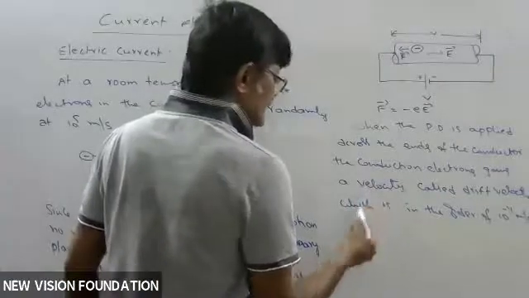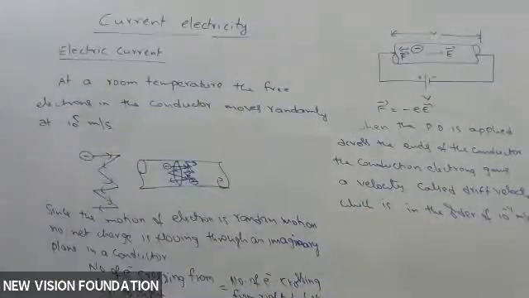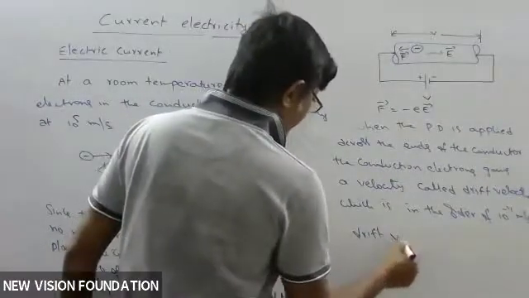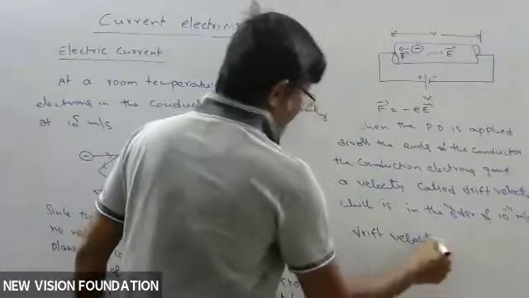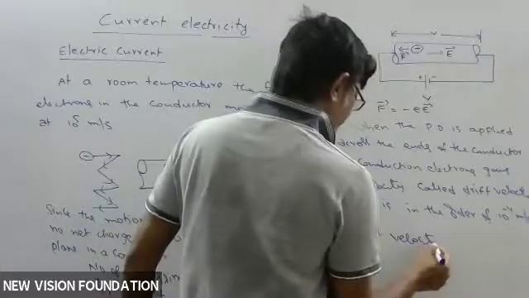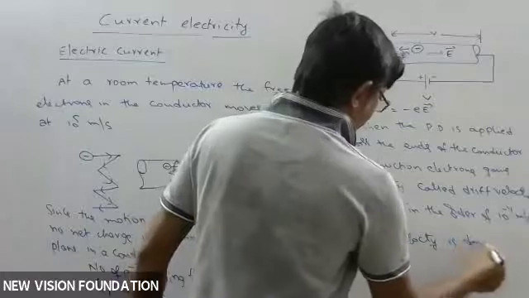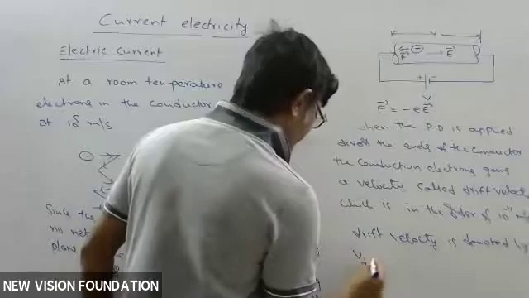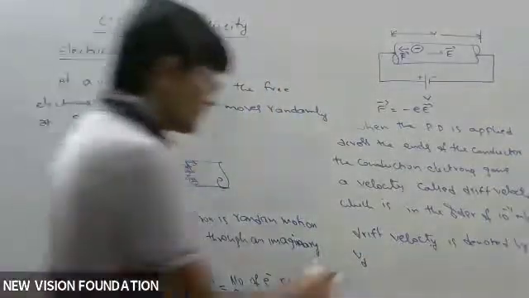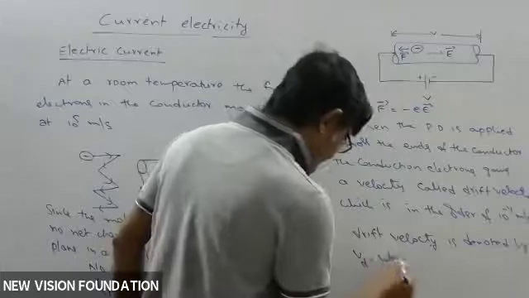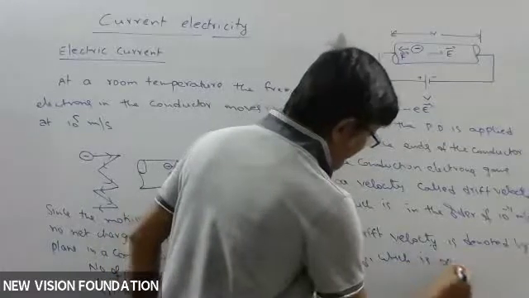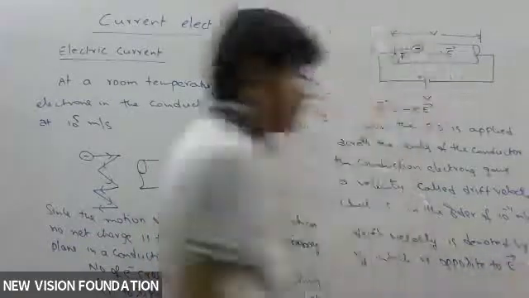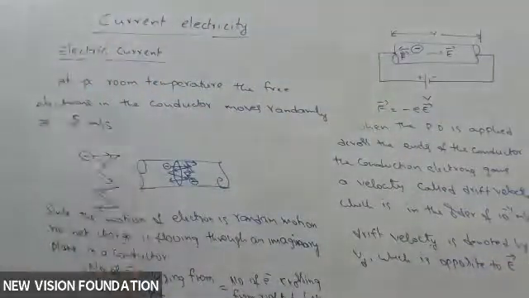So drift velocity is denoted by Vd, which is opposite to E bar.